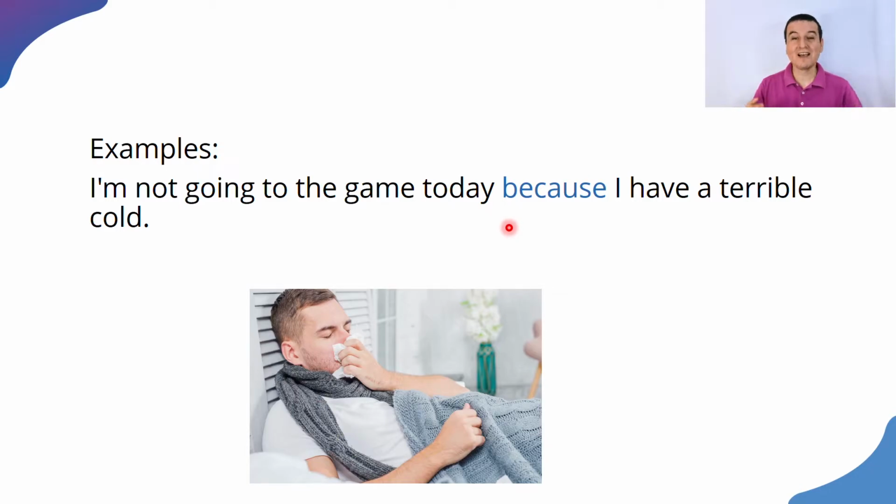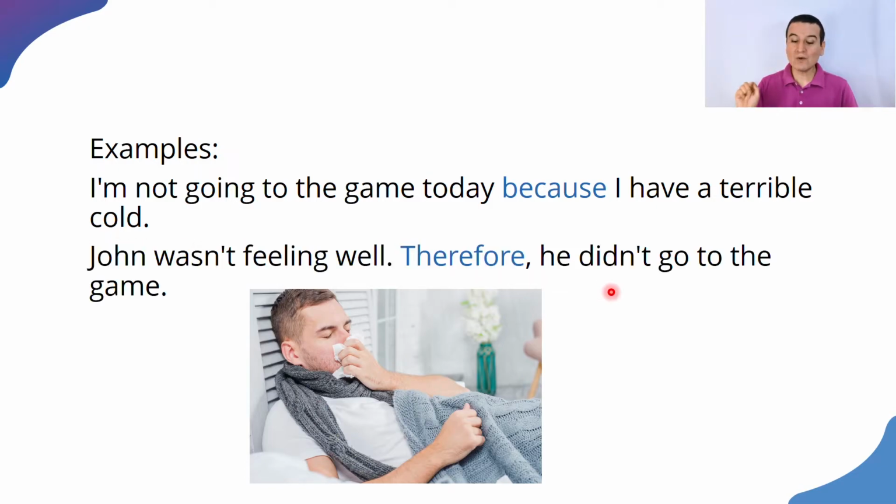As you can see, the cold is the cause of the person not going to the game. When we have the word because, what follows after because is the cause. Like the cause is this, and the effect is what was mentioned on the other side of that word. So the person is not going to the game today. What is the cause? The person has a cold.